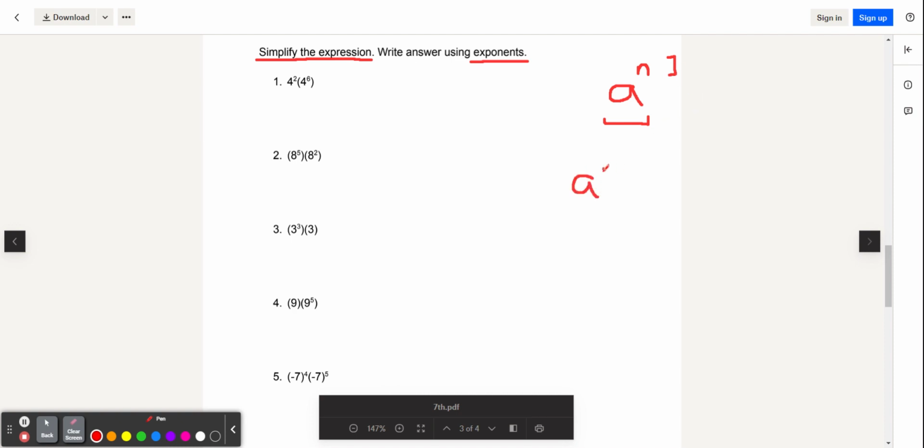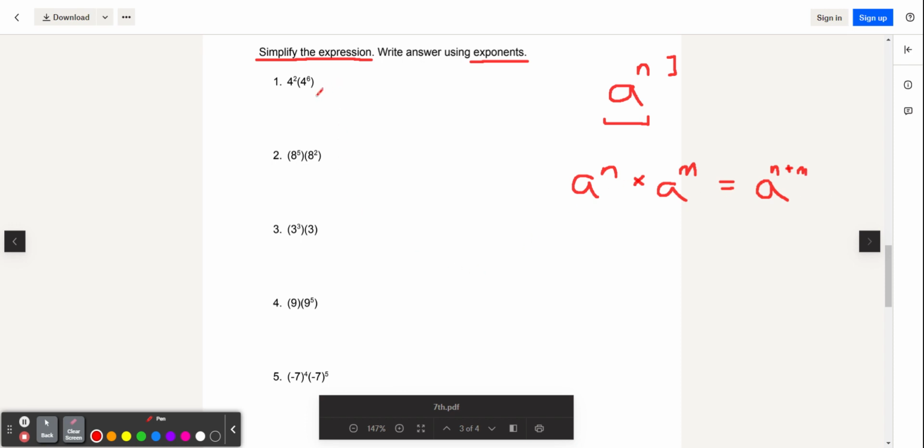Now, if this is multiplied by another term that has the same base and an exponent, let's call it m, these add together to form one term, one exponent. Base a, just the same, n plus m.